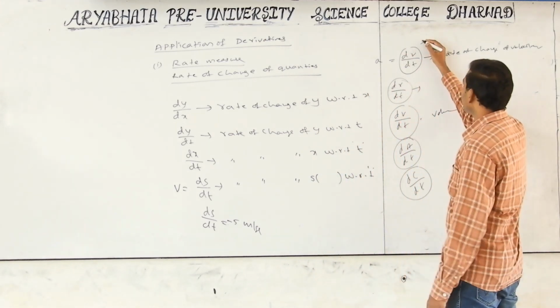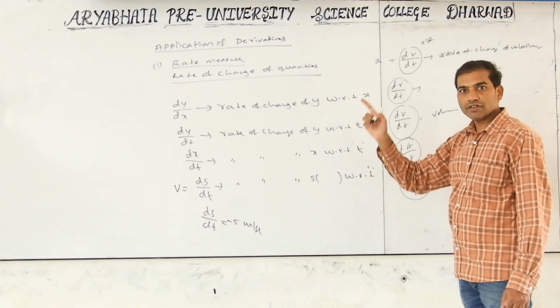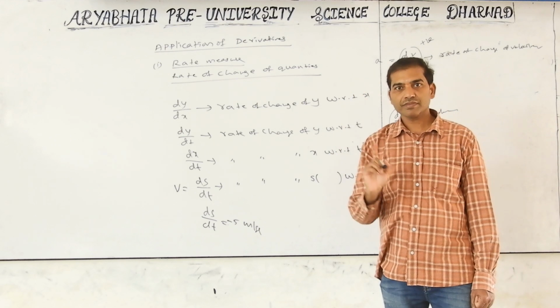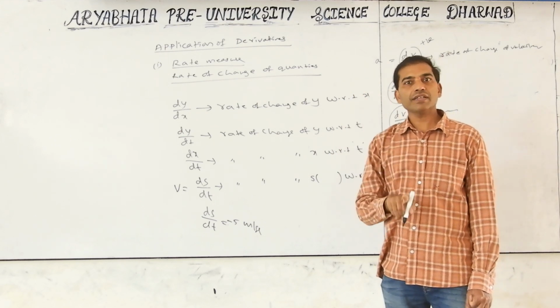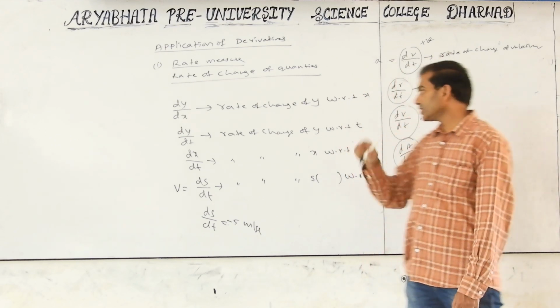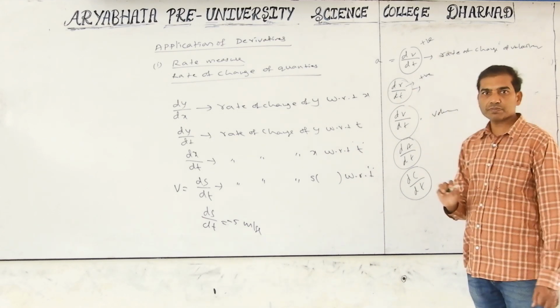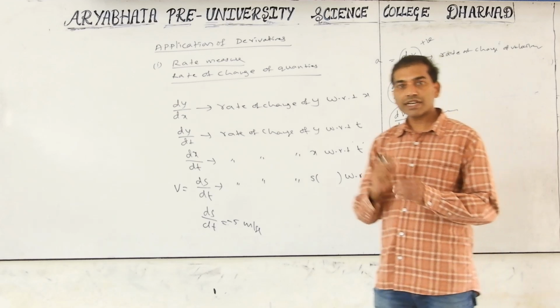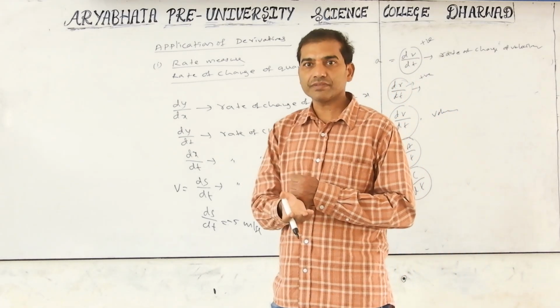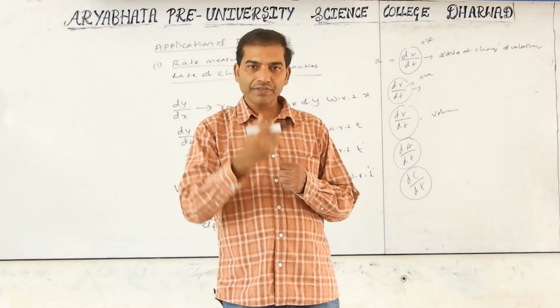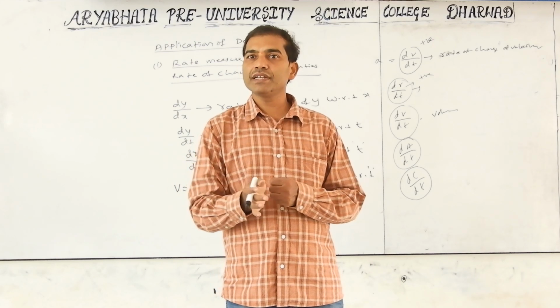If dv by dt is positive, the velocity is increasing. If it is negative, the velocity is decreasing. For radius, if dr by dt is positive, the radius is increasing. If the radius is decreasing, then dr by dt is negative.